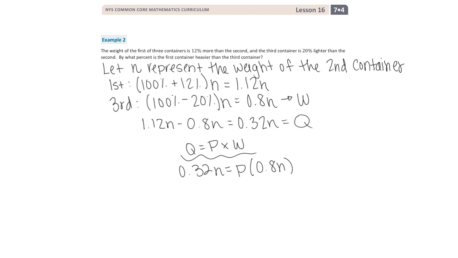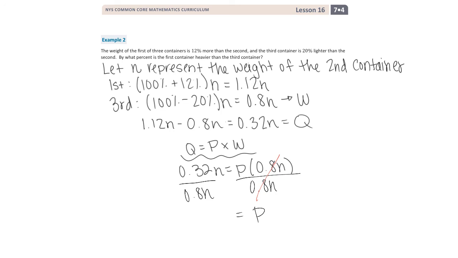Okay, our goal is to get P by itself. So we're going to divide by 0.8 N on both sides. We have to keep the N in there because that indicates that we will only have one P left. So there we go. We are left with P.